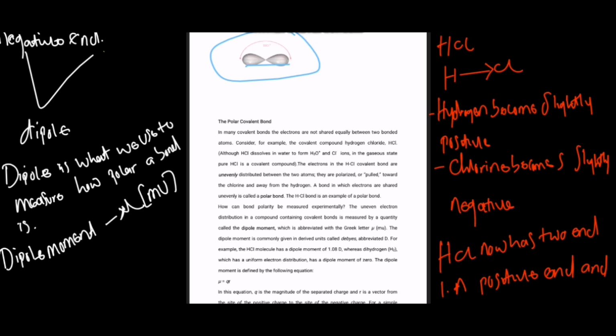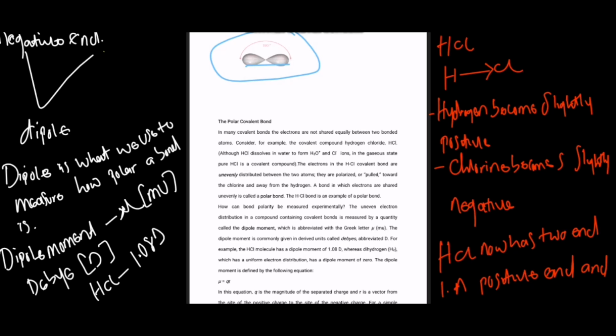The dipole moment is measured in a unit called the debye, which is D. In essence, hydrogen chloride, which is a polar bond, has a dipole moment of 1.08 D.